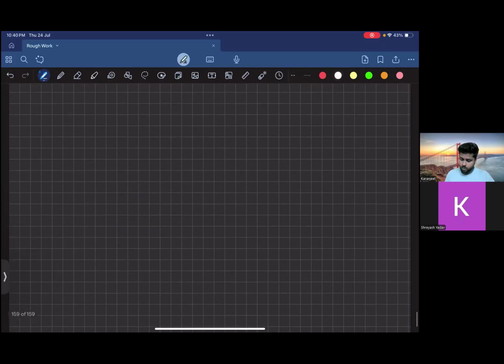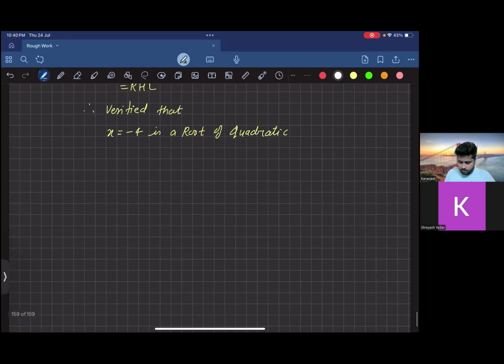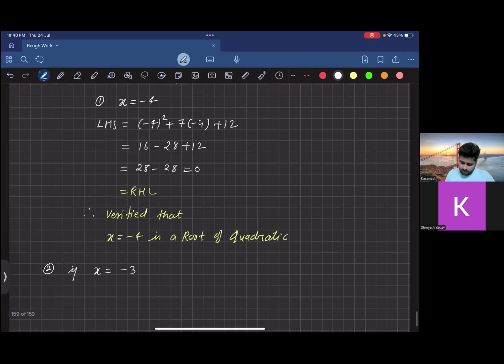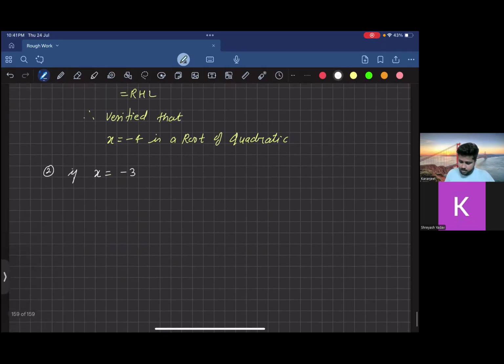Next, point number two. What if x is equals to -3? So what is left hand side? Left hand side will be same as x square plus 7x plus 12. Left hand side of quadratic is x square plus 7x plus 12. Now I will substitute x is equal to -3 in this polynomial.